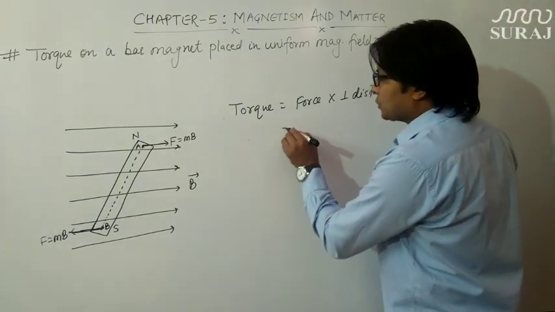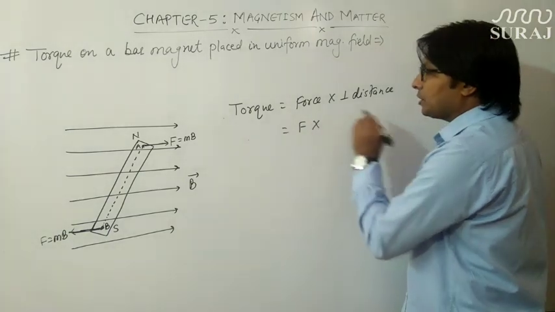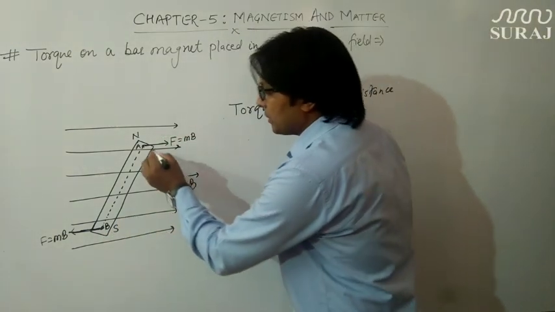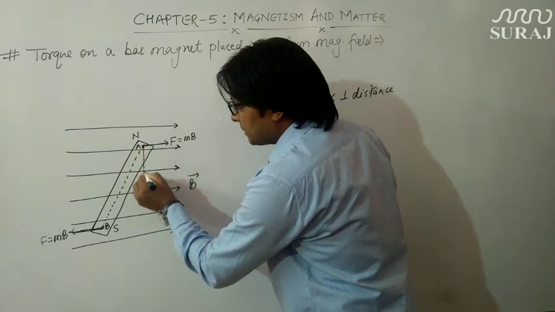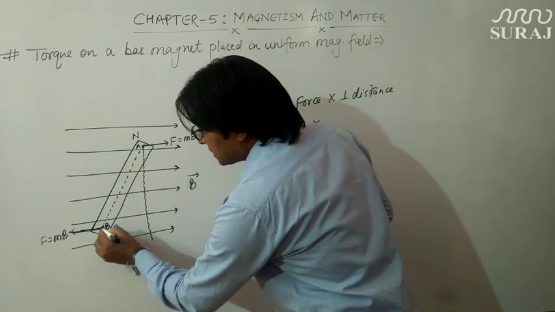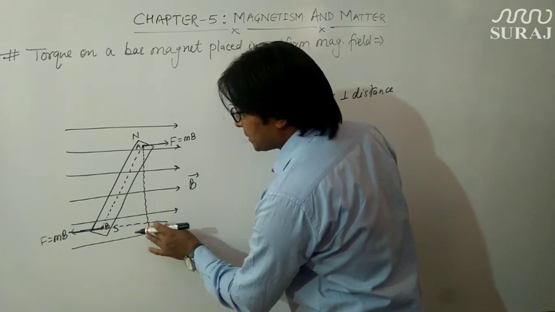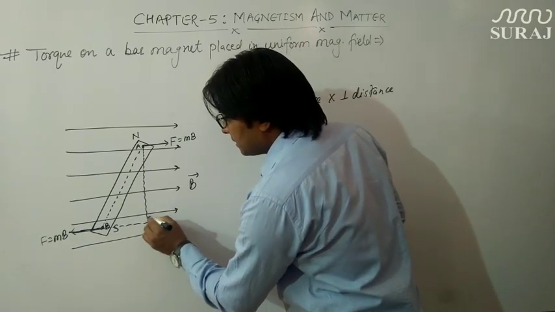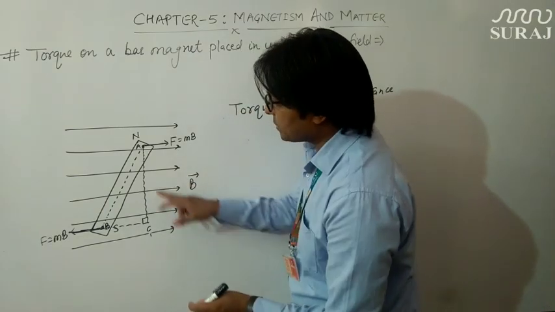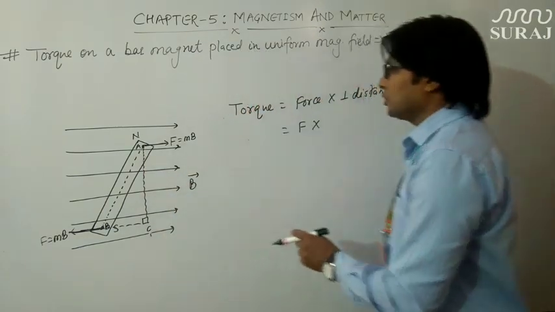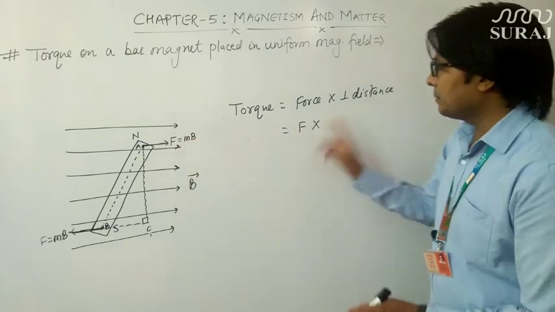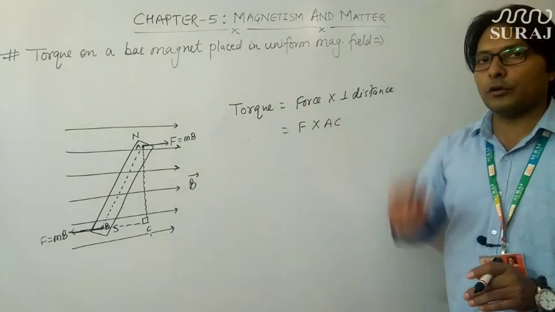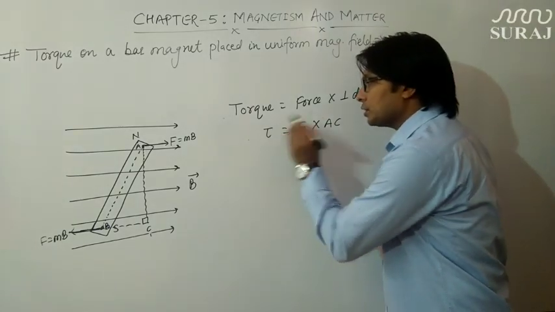The force is F, and the perpendicular distance is this distance which I have represented. Suppose this is point C. So the perpendicular distance will be AC. If I multiply this force by AC, we will have the formula for torque. So this is the torque.